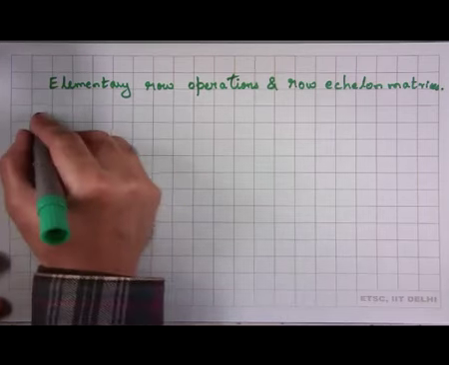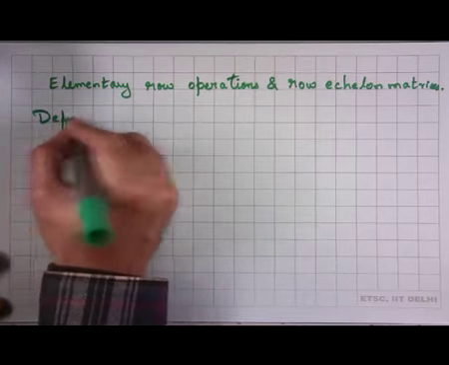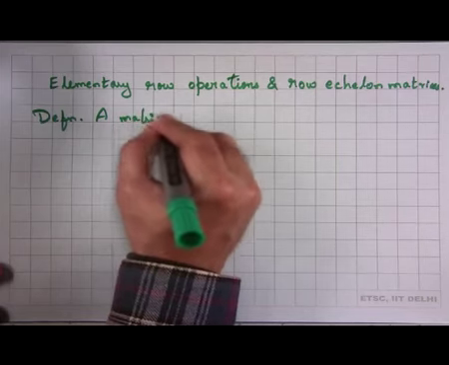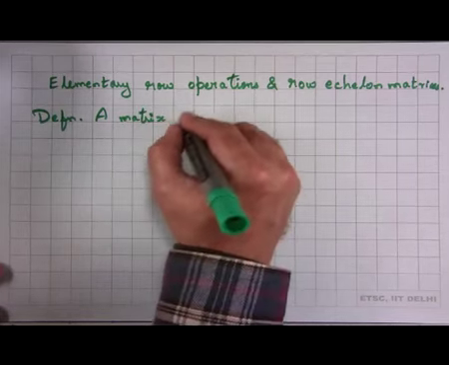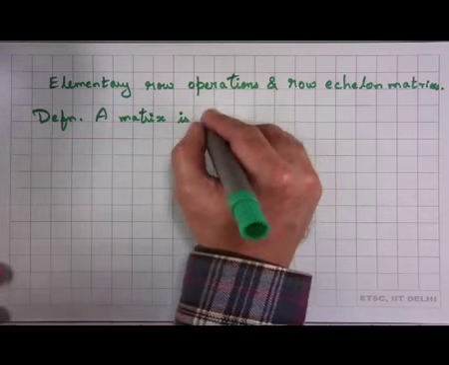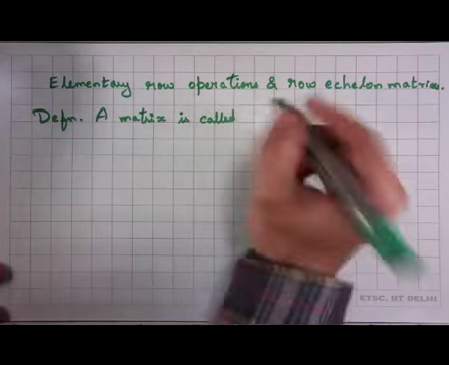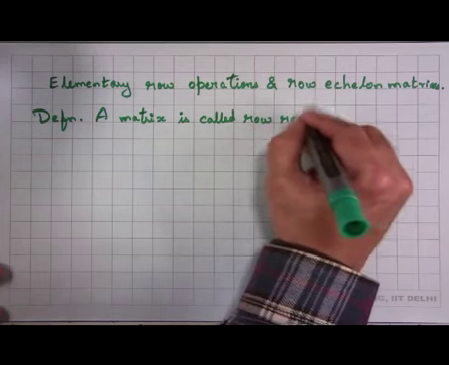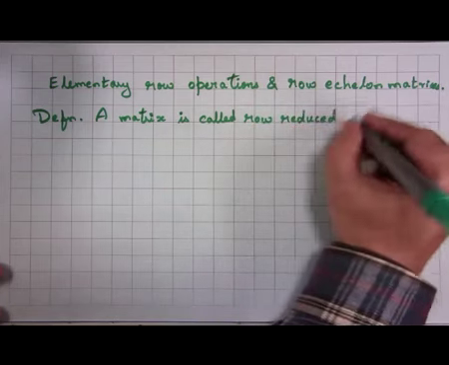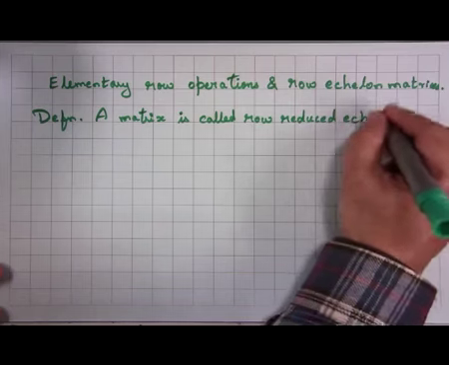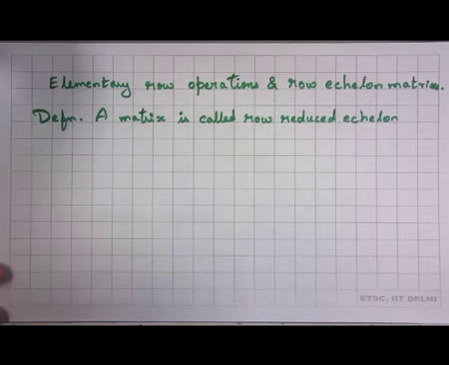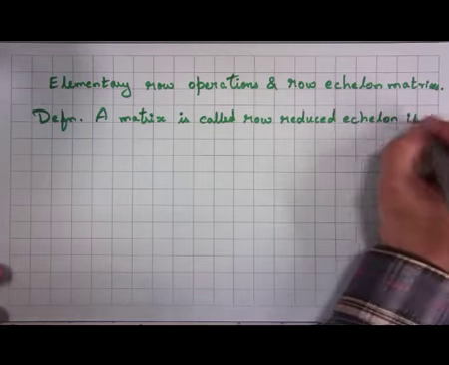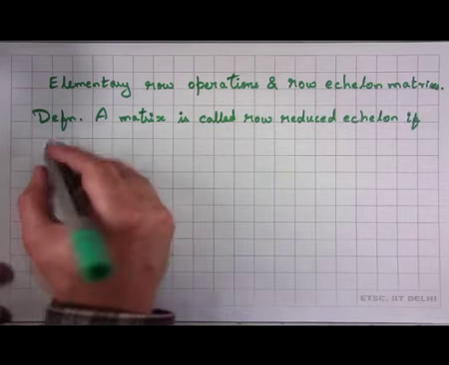So, let us begin with the definition. A matrix is called row reduced echelon, or a row echelon matrix, if the following properties hold.